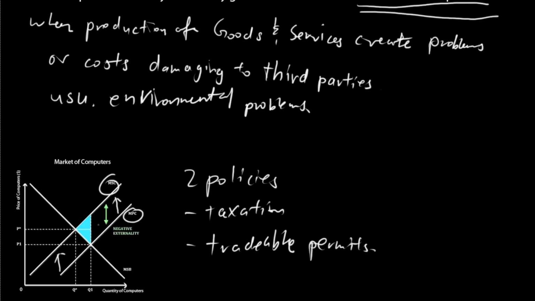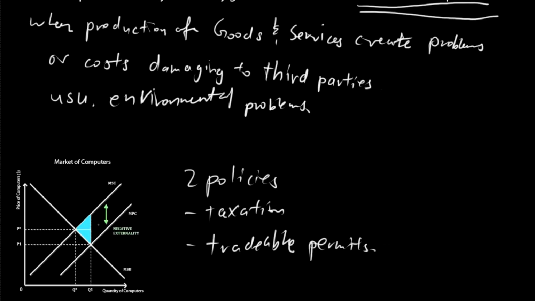The pros of this is that it is seen as a way to make the polluter pay, and it will move towards the social efficiency Q star in the allocation of resources. However, the cons of this method of reducing the external cost of production is that it is hard to put a value on the costs of pollution, and taxes don't actually stop pollution from taking place.